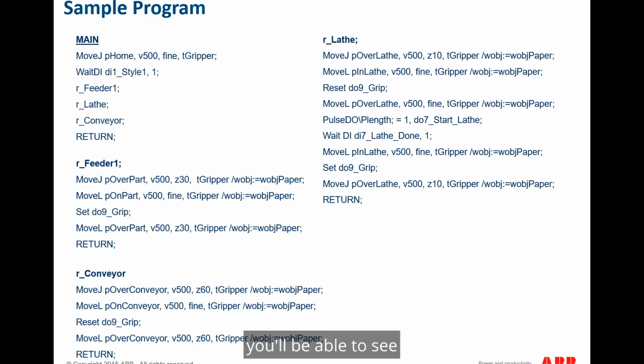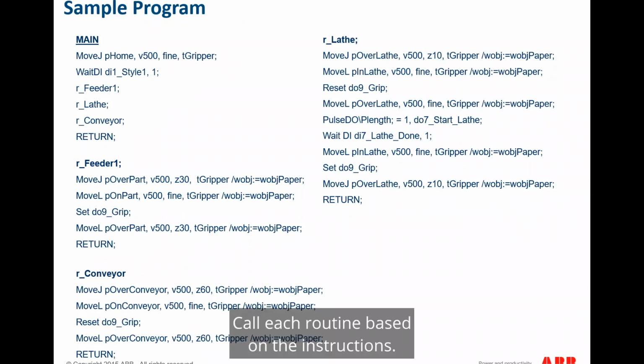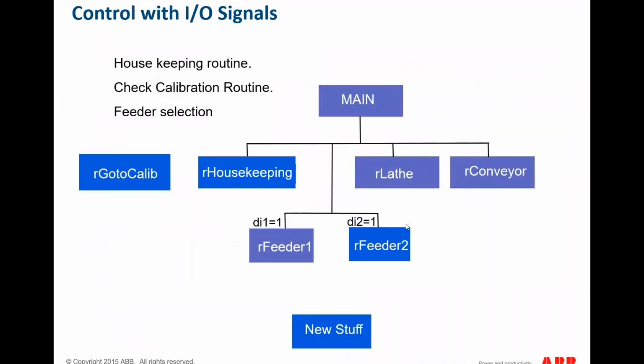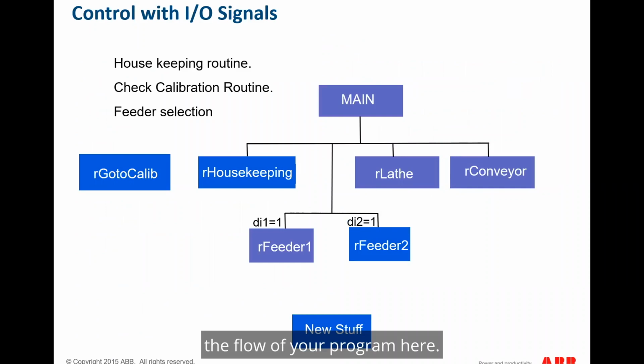You'll be able to see how we can introduce the if else loops, and how we can call each routine based on the instructions. So let us see the flow of your program here.